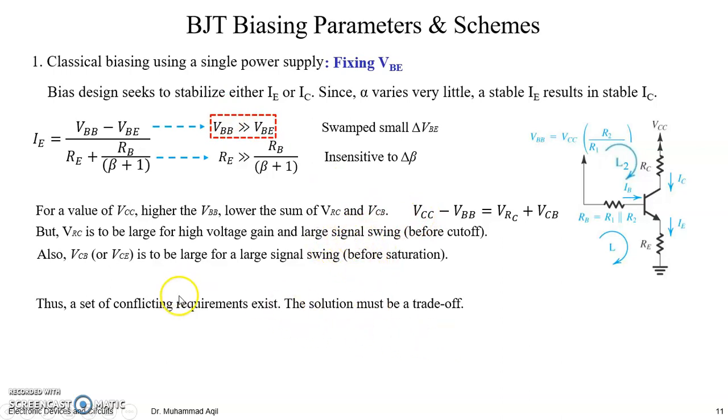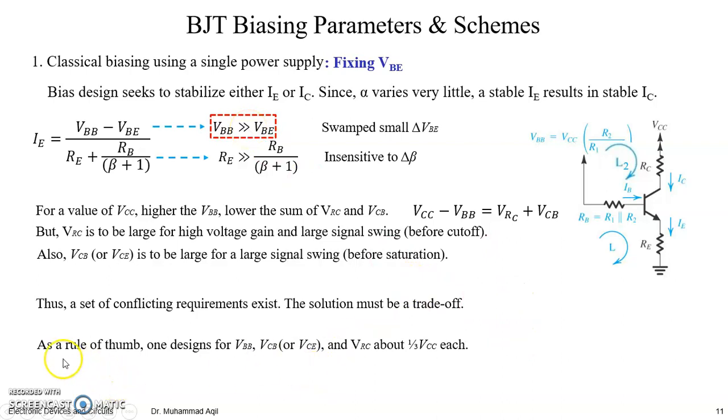So we should have a trade-off solution. We have to compromise: we can make this high but not too high, and we can have a large signal swing but not too large. We have to make it a little smaller to accommodate this constraint as well.